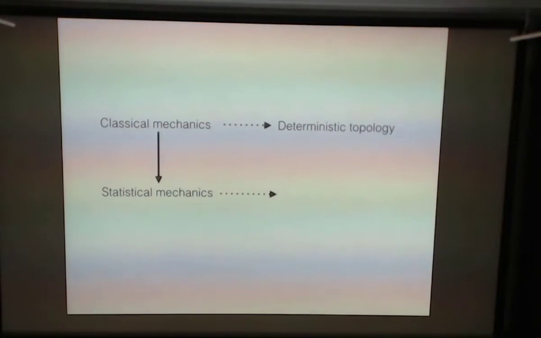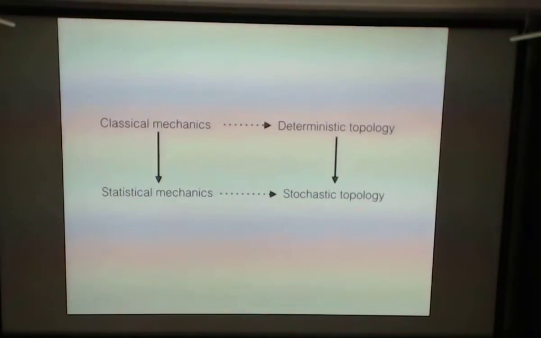So what we want: deterministic topology is the usual topology which we know from all the books, when the spaces are given precisely, and we want to have stochastic topology, some subject which is a dream of many people in this room, in particular many mathematicians trying to create this subject.